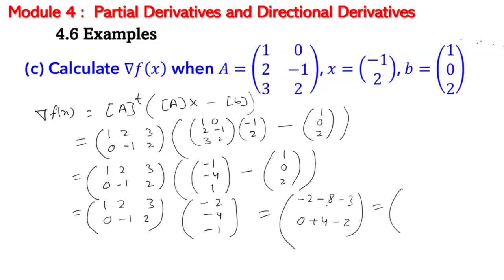This is equal to minus 13 and 2. So the gradient of f at the point x is equal to minus 13, 2. Therefore, the gradient of f at minus 1, 2 is equal to minus 13, 2.